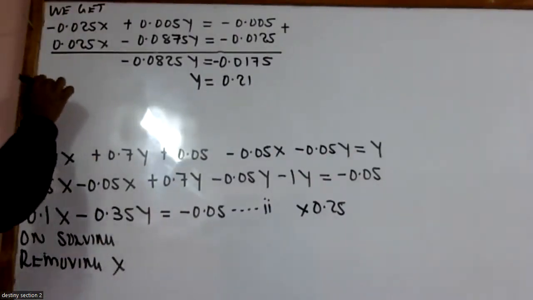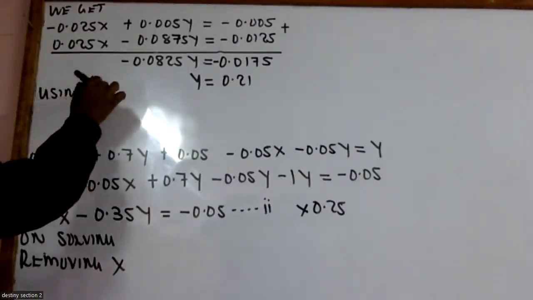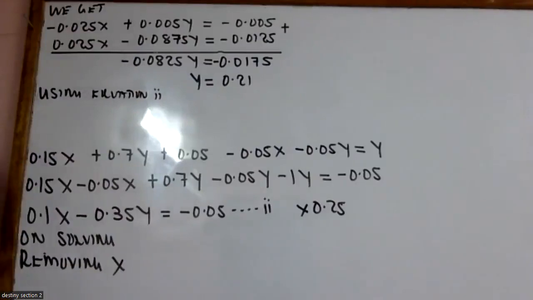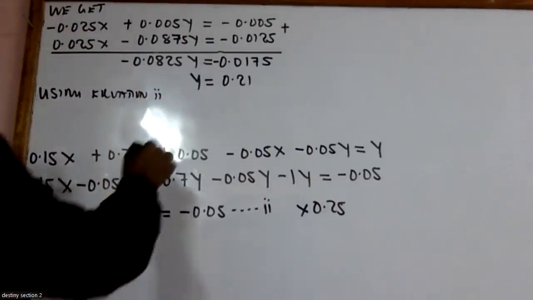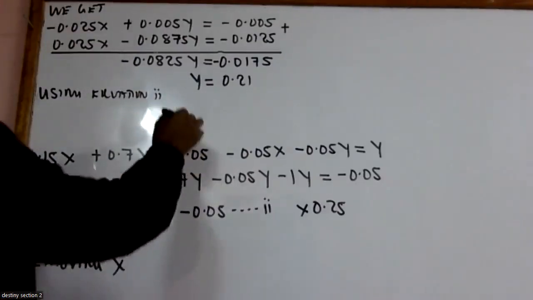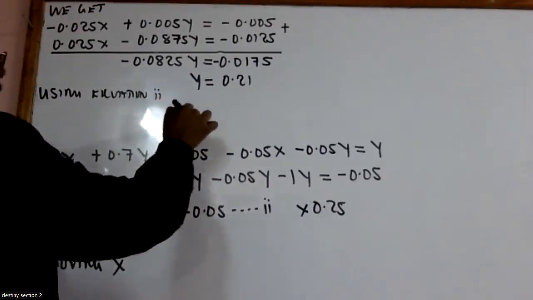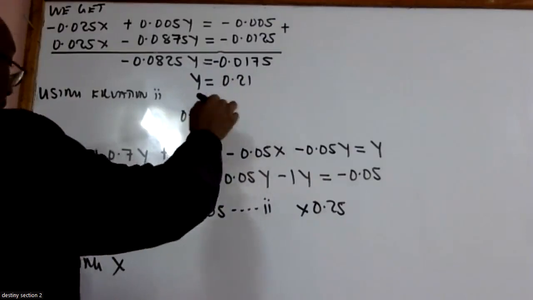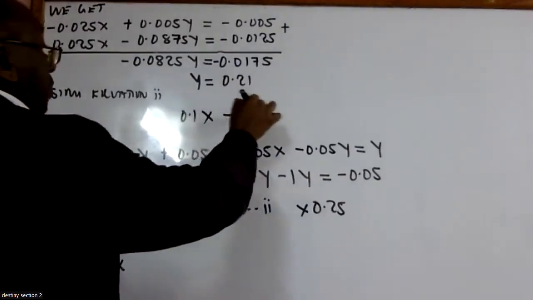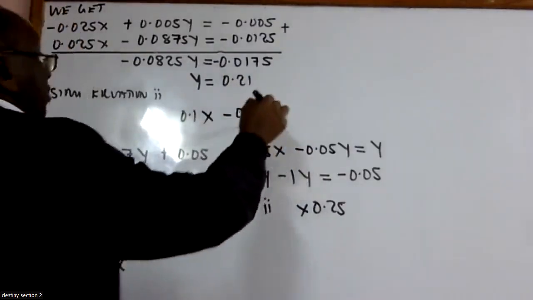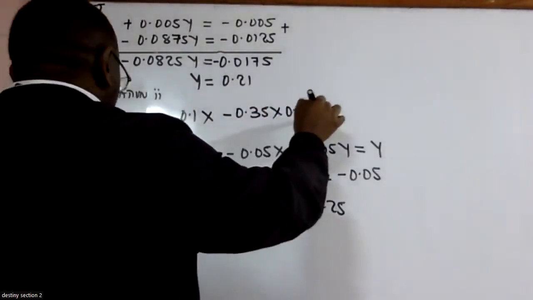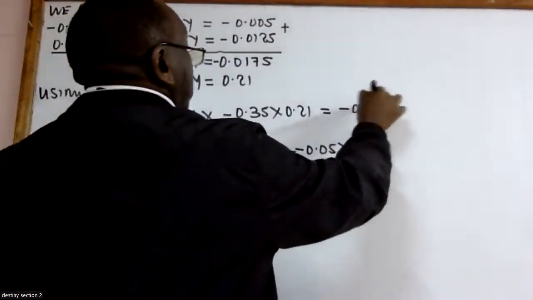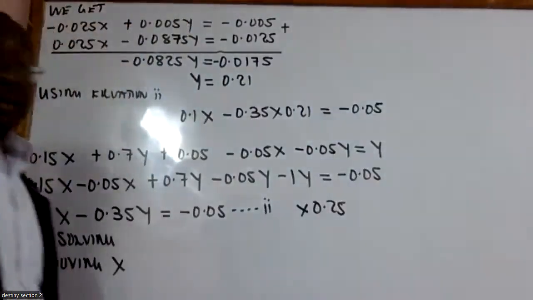Then using equation 2, this one, we are going to say 0.1x minus 0.35 times 0.21 is equal to minus 0.05.